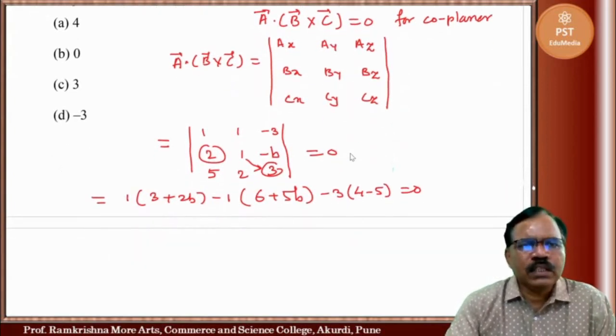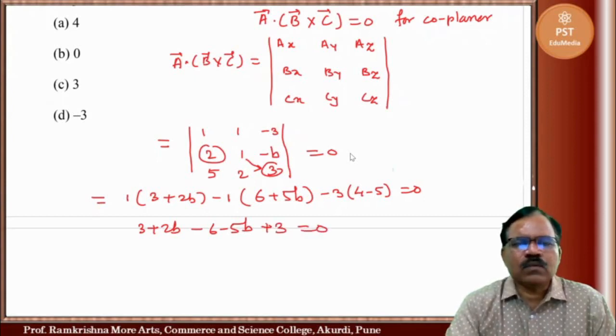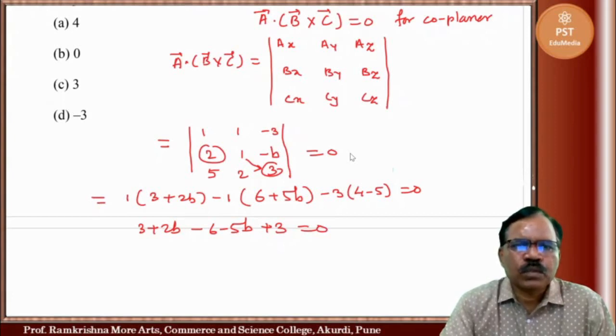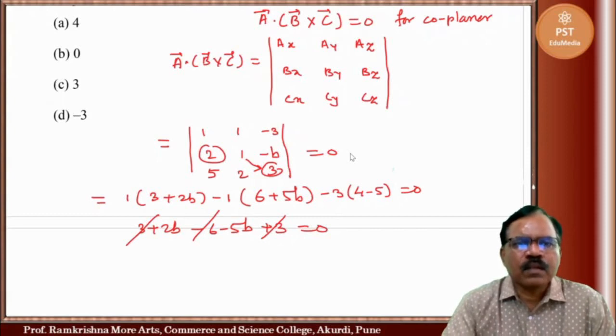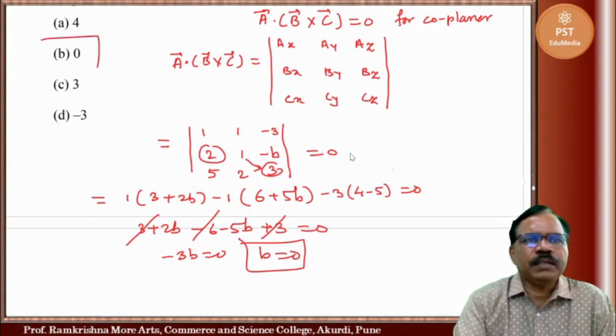So we get 3 plus 2b minus 6 plus 5b plus 3 equal to 0. So here 3 minus 6 plus 3 cancel, so 3b is equal to 0, so b is equal to 0.